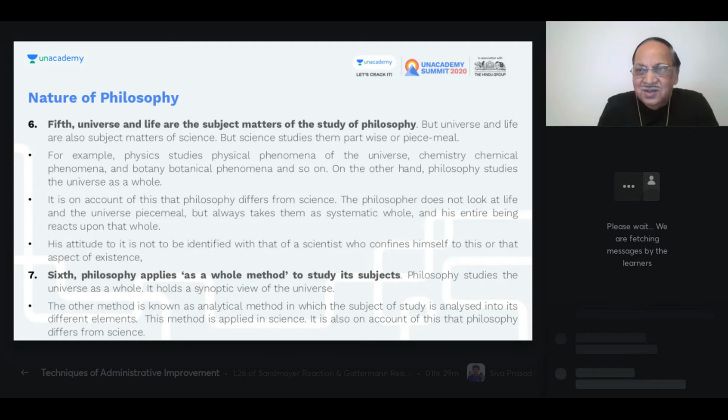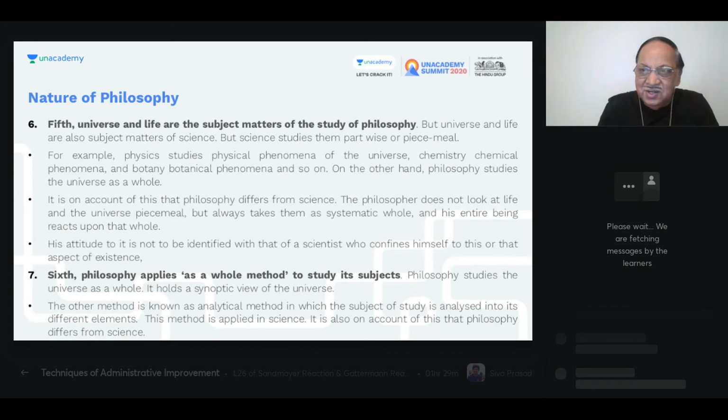Chemistry will study only chemicals. Botany will study only plants. But philosophy studies the universe as a whole, not part-wise. Philosophy will study life as a whole, not part-wise. This is the difference between the study of science and the study of philosophy.